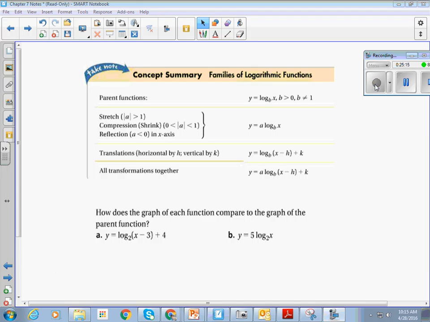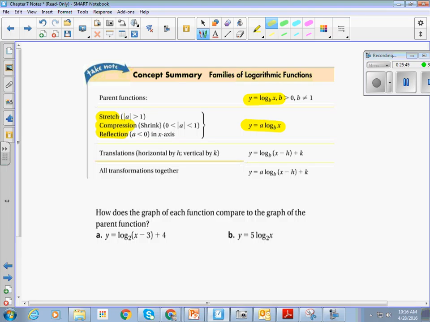Let's take a look at logarithmic functions as a whole and apply what we know to translations of the logarithmic function. So if your parent function is y equals log base b of x, in order to stretch, compress, or reflect, we are going to fuss with a multiple of that function.